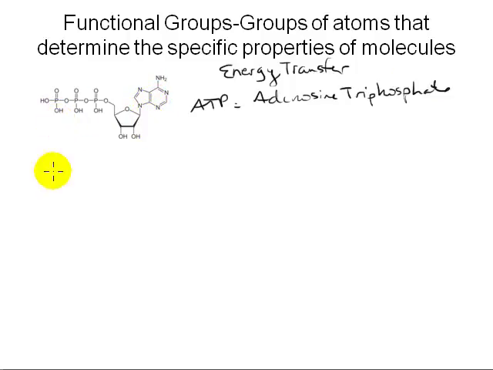For reasons that we'll discuss later, when the bonds between these phosphates are broken, that's an energy-releasing reaction. And cells can link this energy-releasing phosphate cleavage to other reactions and processes that are happening in the cell at the same time to provide the input of energy that's required to make them happen.